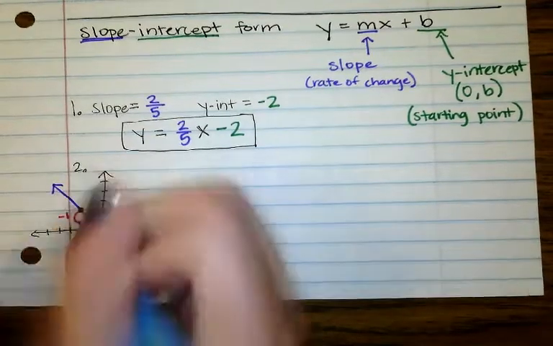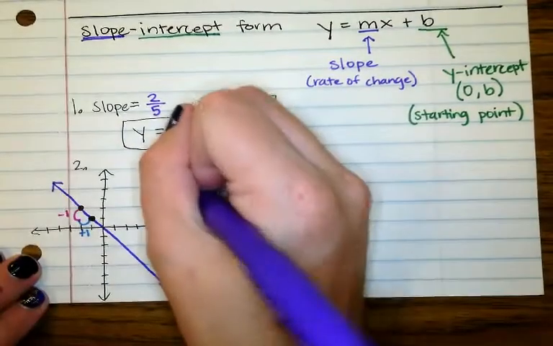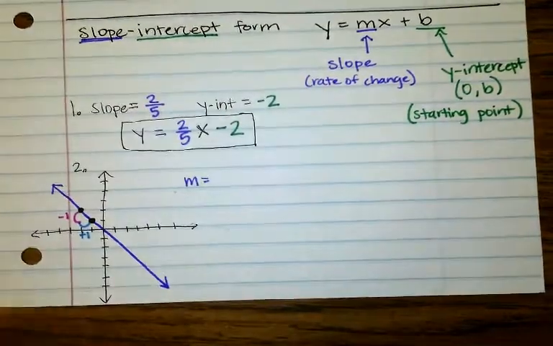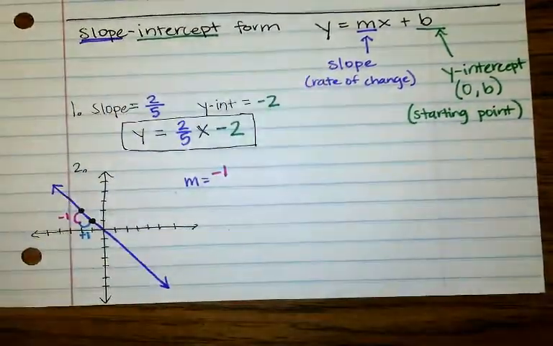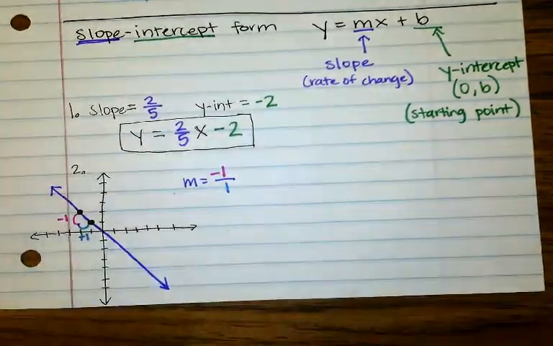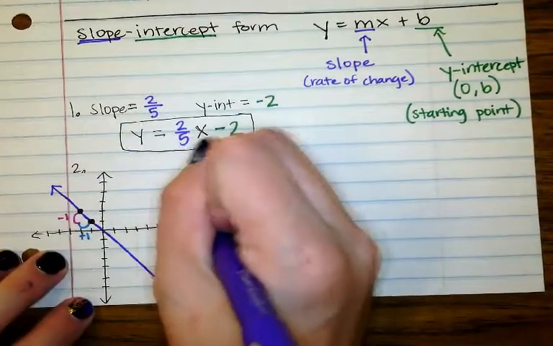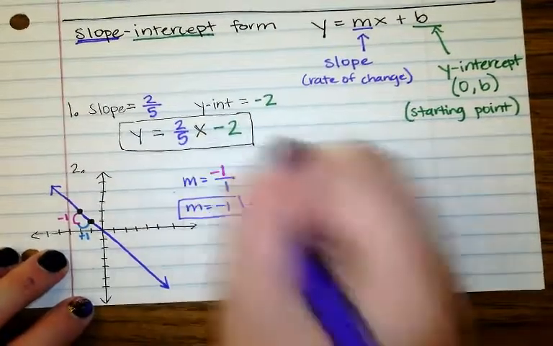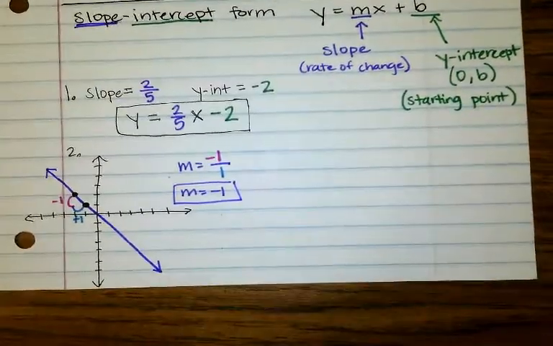So what is my slope equal to? -1. -1 divided by +1 is -1. What's my b on a problem like this? Oh, where does it cross the y-axis? 0. So in this case, my b is 0.